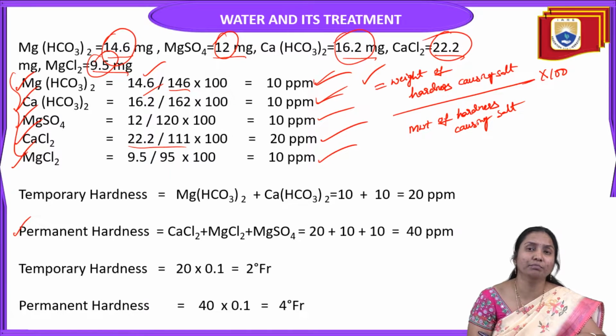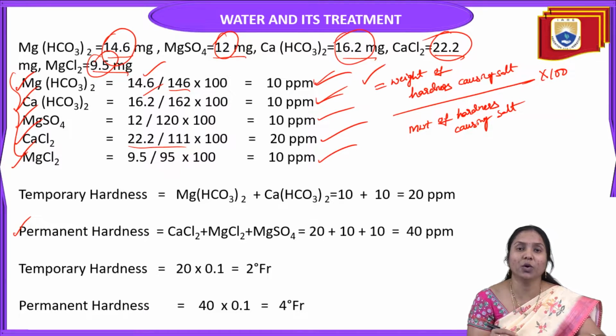Next is permanent hardness. What are the permanent hardness causing salts? Calcium and magnesium ions of chloride, sulfates or nitrate present in water are considered permanent hardness of water.